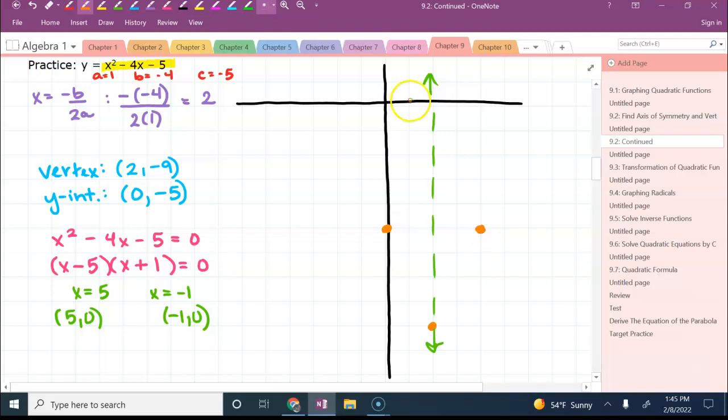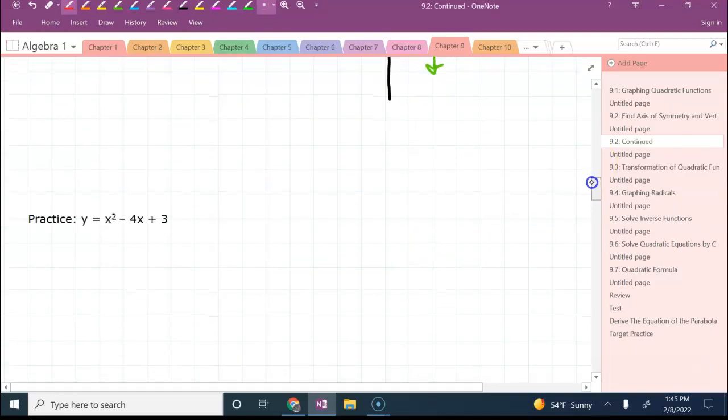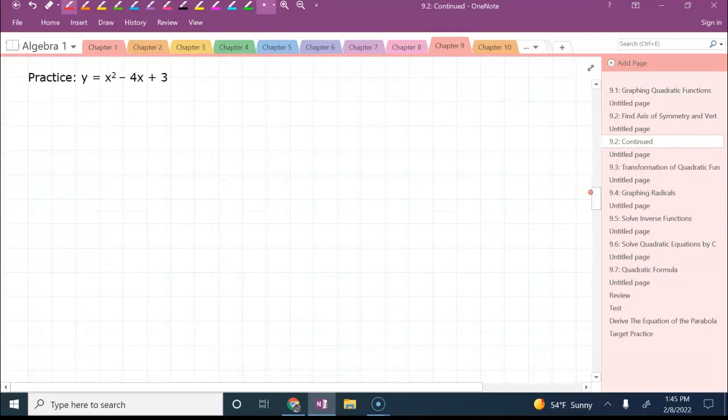So I've got 1 going 5 to the right and negative 1, which would be 1 to the left. And then we draw our graph in. Again, go ahead and pause the video and try this one, and then resume watching to see what it should have looked like.